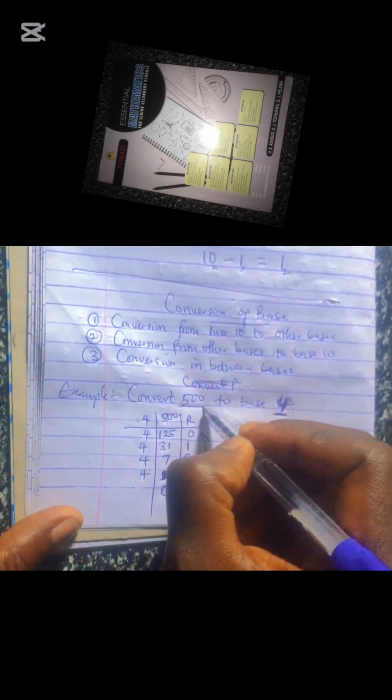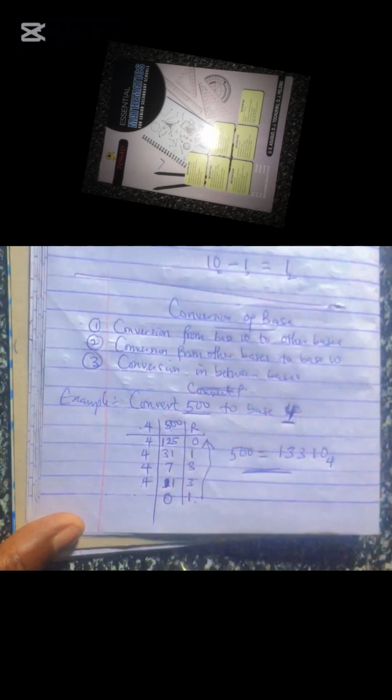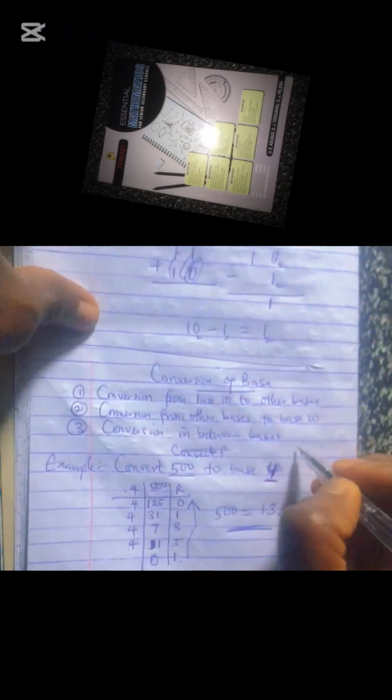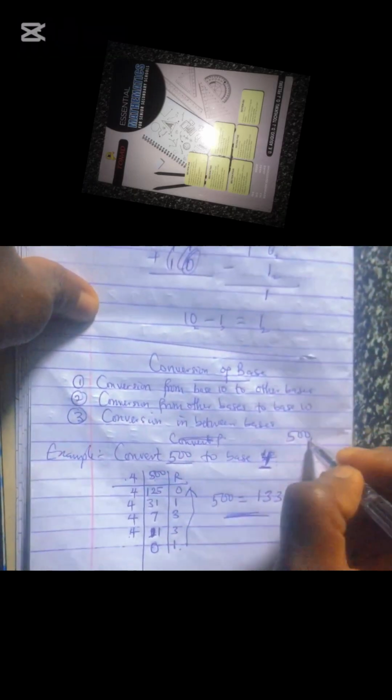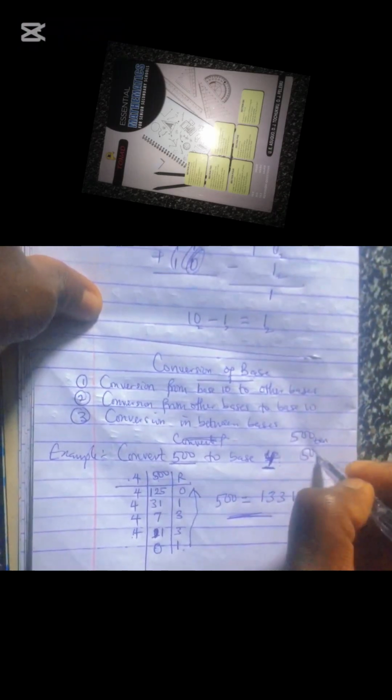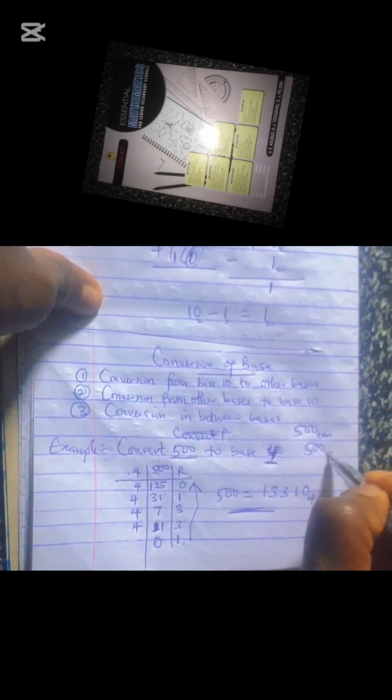Now let me quickly show you something. When they write a number like this, if they don't show anything under it, it means base 10. If you are writing in base 10, I don't have to show any base. I can just write 500 now. So if I write 500, it means it is in base 10.